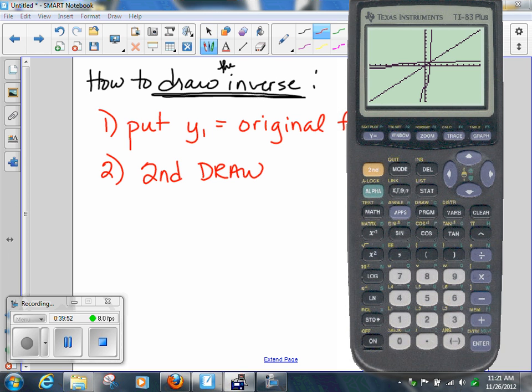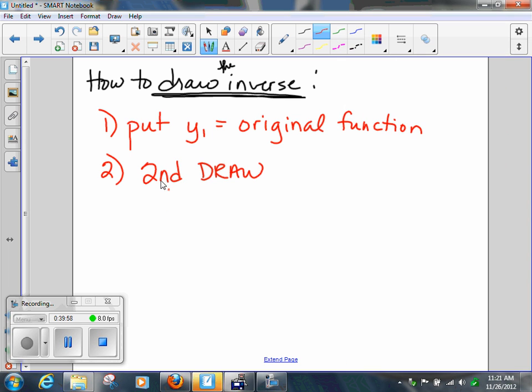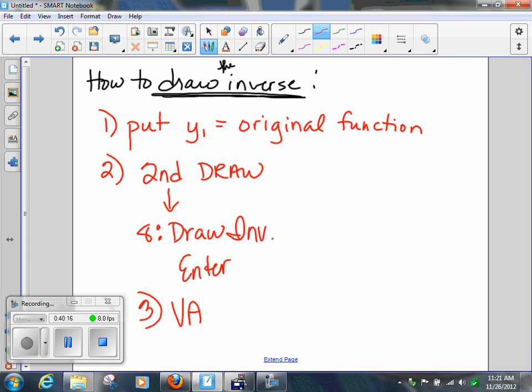Here we go. Second draw. Here's what you do. Second draw. From that menu, you go to option 8, which was draw inverse. And then you'll hit enter. And then you're going to hit your vars button.